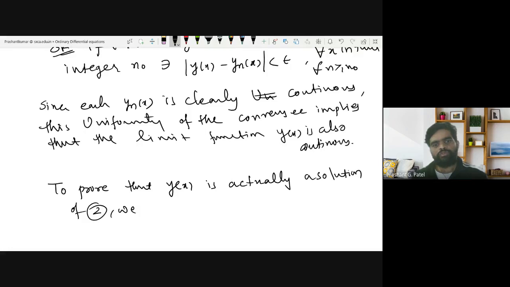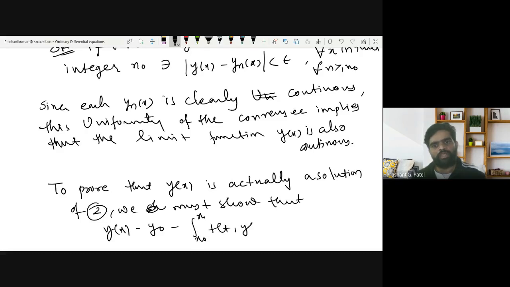We must show that y of x minus y0 minus integral x0 to x of f of t comma y of t dt is equal to 0.